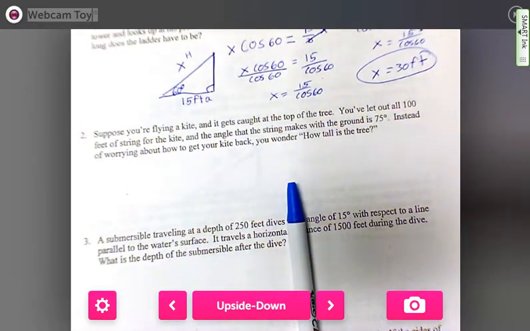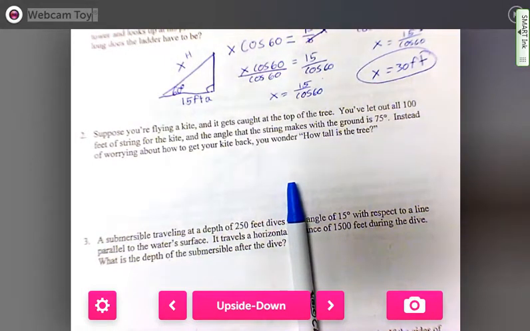Suppose you're flying a kite and it gets caught in the top of the tree. You let out all 100 feet of string, and the angle the string makes with the ground is 75 degrees. How tall is the tree? Draw your picture.